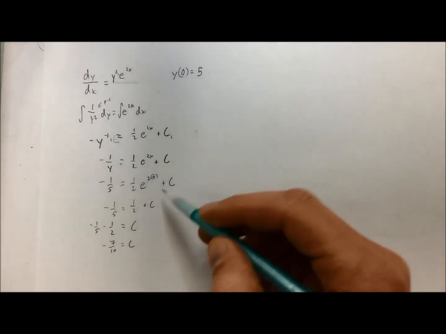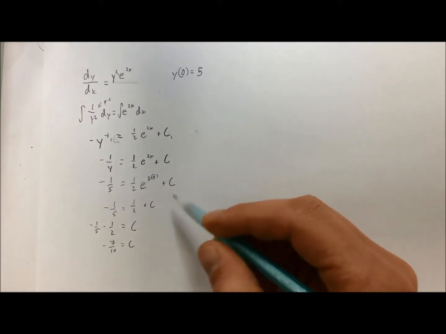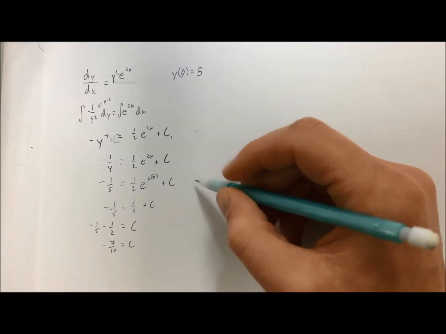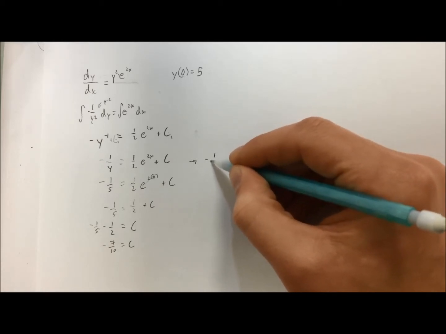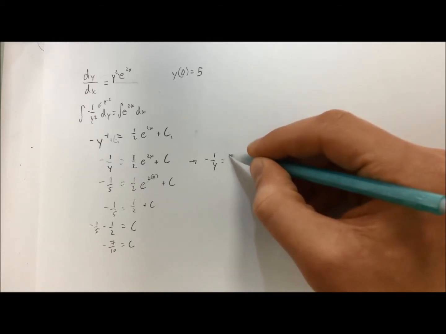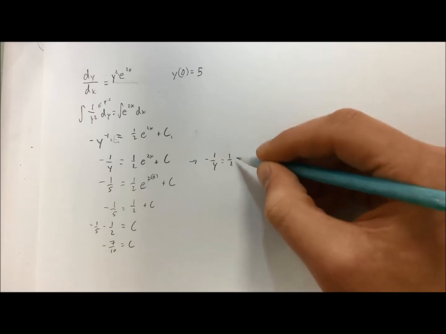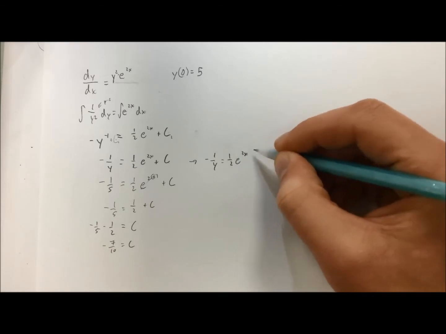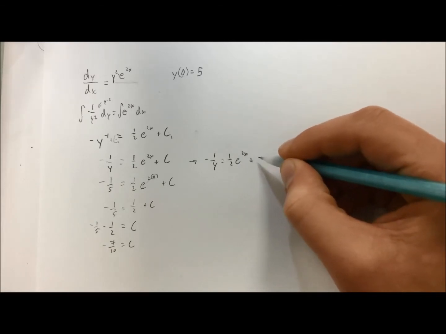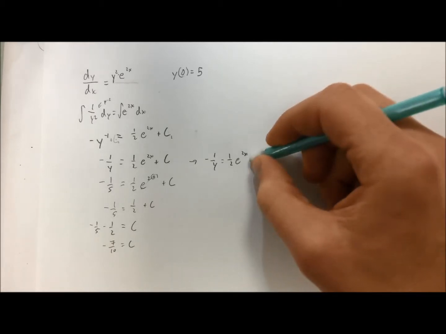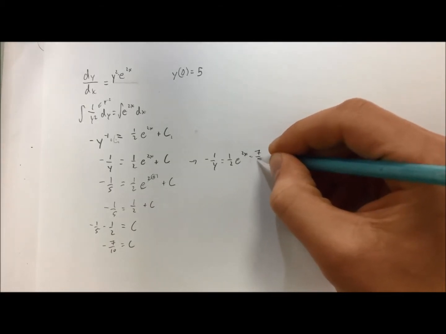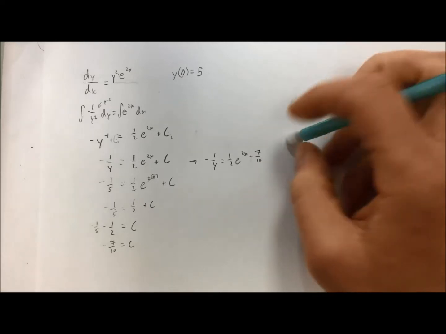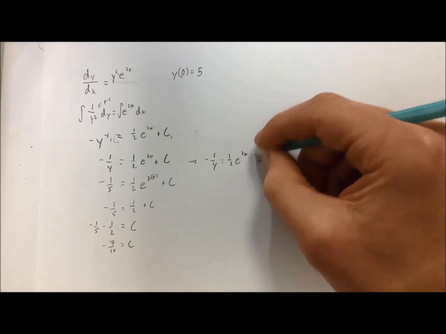And come back up here, and we're going to plug that in here. And I'm going to get negative 1 over y is equal to 1/2 e to the 2x minus 7/10. Just to be clear, that is not an exponent.